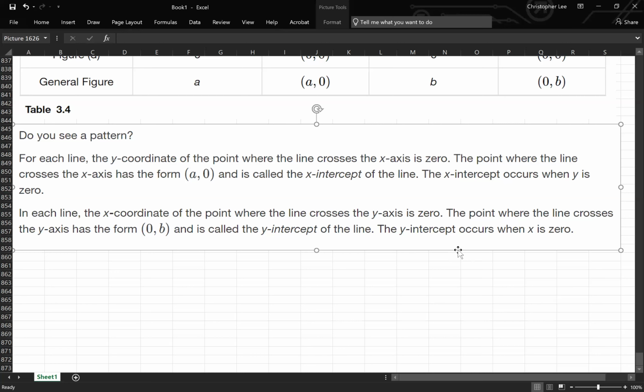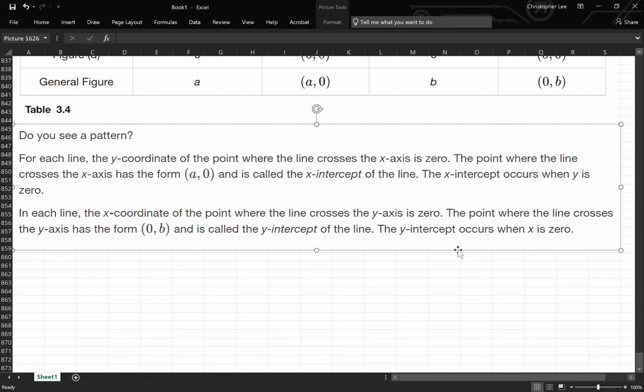So do you see a pattern? For each line, the y-coordinate of the point where the line crosses the x-axis is 0, right? The point where the line crosses the x-axis has the form (a, 0). So whatever number is crossing, comma 0. That is called the x-intercept of the line, right? The x-intercept occurs when y is 0.